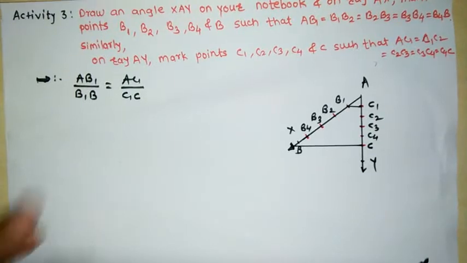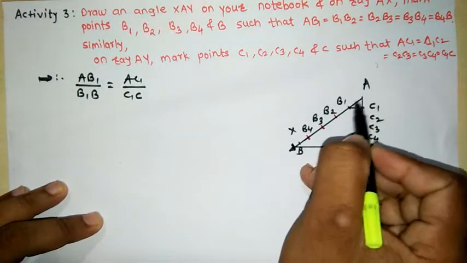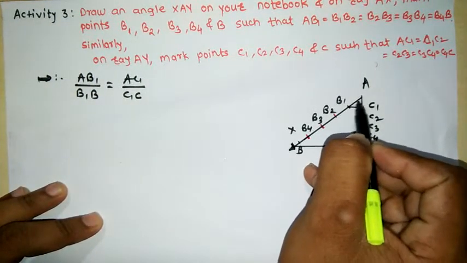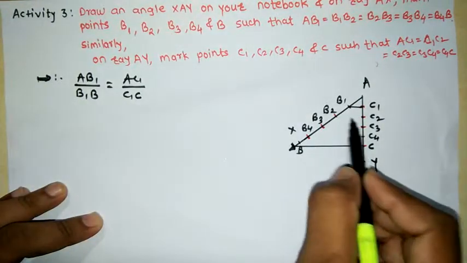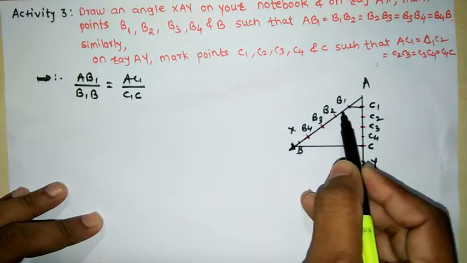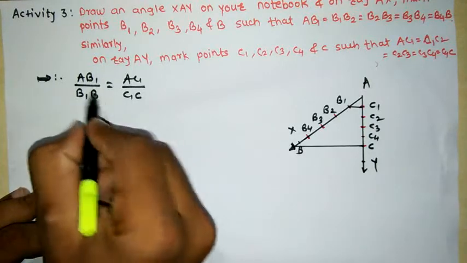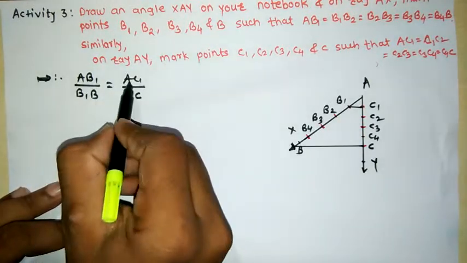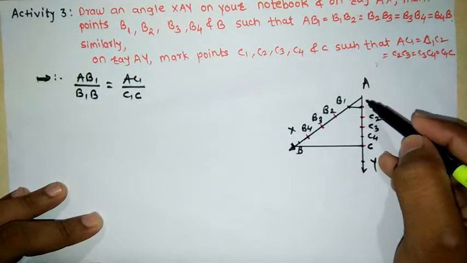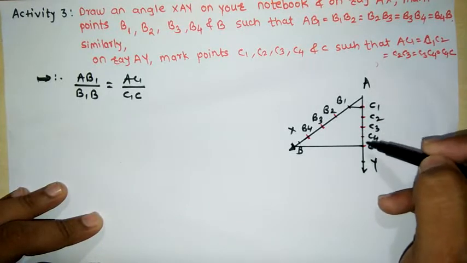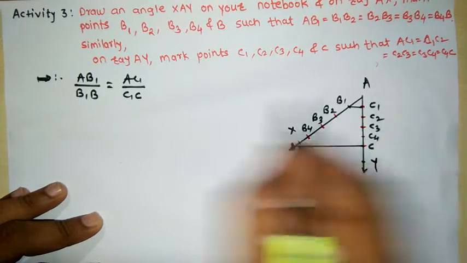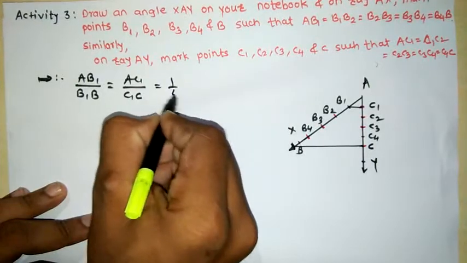Now check the value of AB1. What is the value of AB1? AB1 is one part, and B1B is 1, 2, 3, 4 parts. Therefore it will come 1 by 4. And AC1 is also one part, and C1 to C is 4 parts. Therefore it will also come 1 by 4. Therefore both the values are equal to 1 by 4.